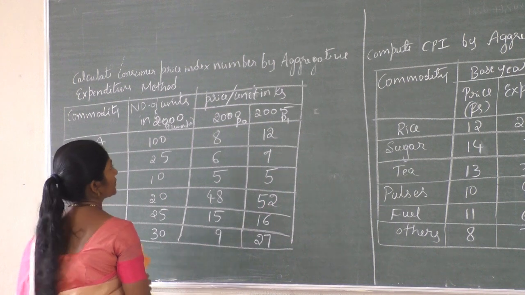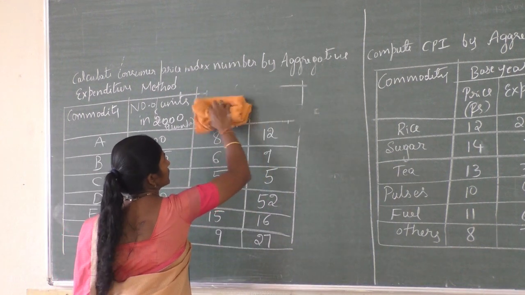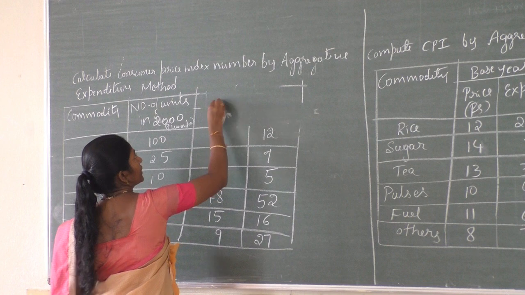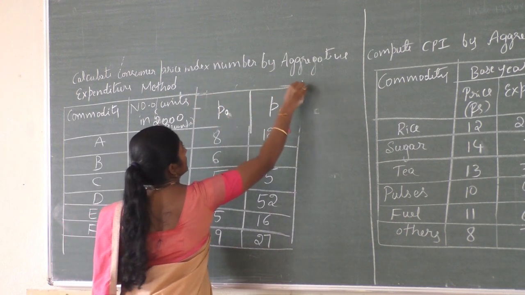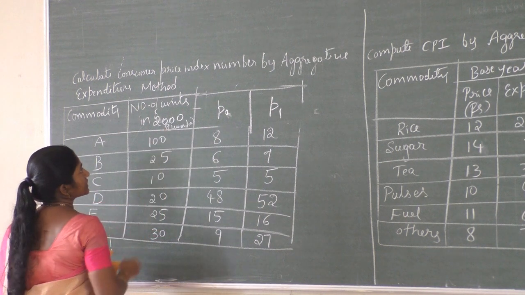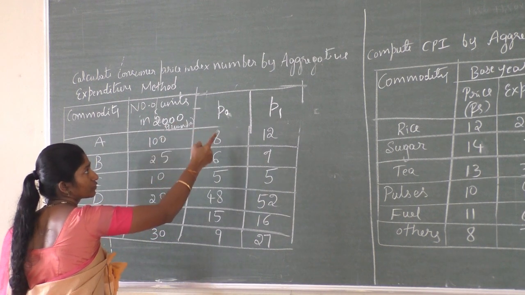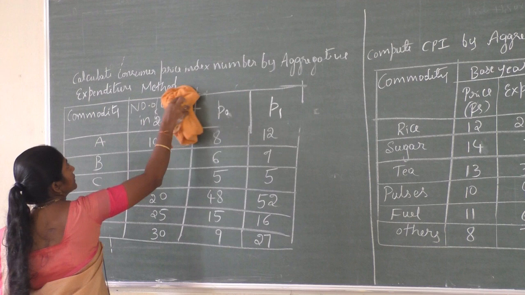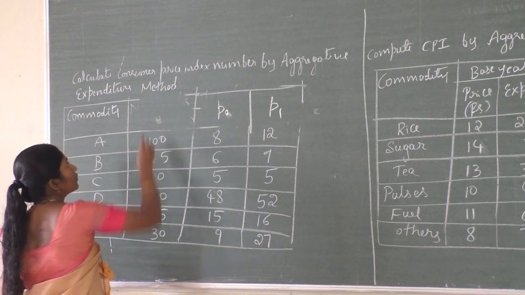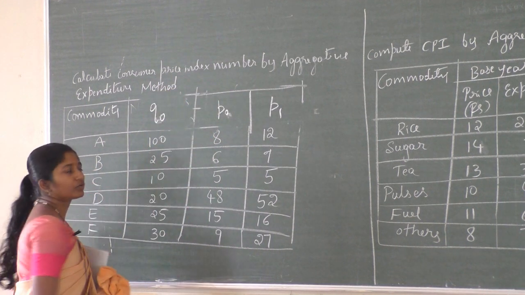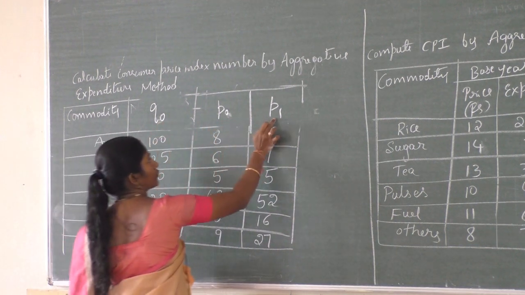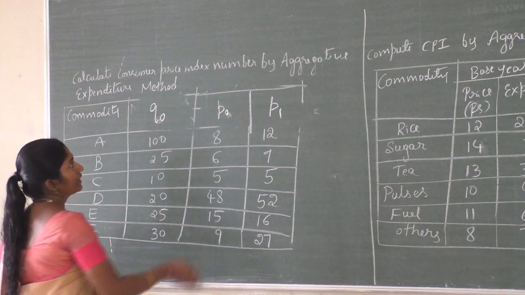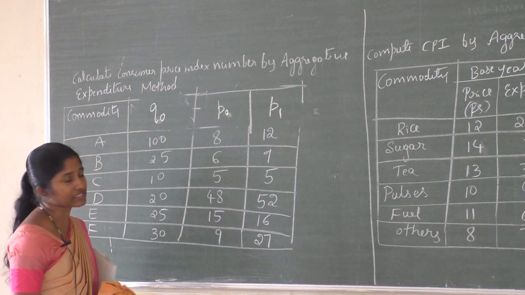This is P0 and this one is P1. And the quantity is of 2000, the base year, therefore this is Q0. Now Q0, P0 and P1 are given, the same as Laspeyres, therefore that is the same as aggregative.